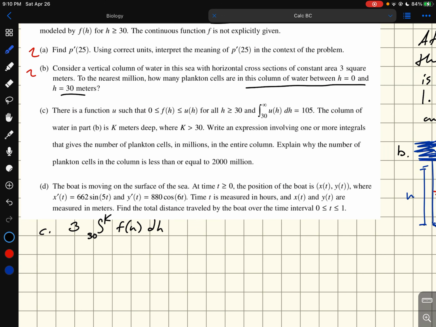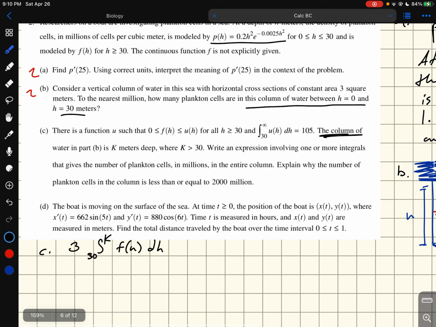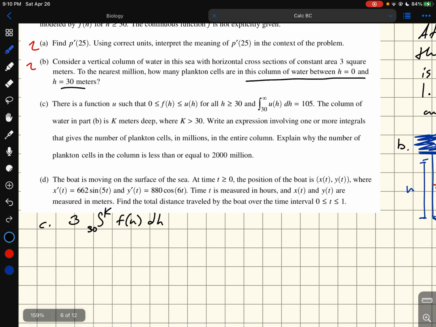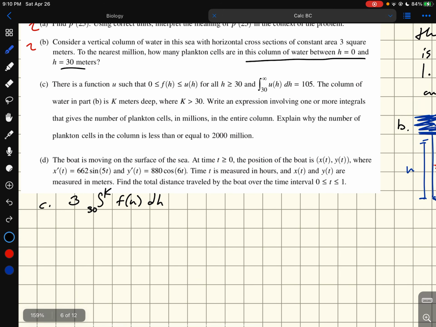And we have to multiply by 3 because the column of water is from part B. And in part B it says it was 3 square meters. Okay, so that's why we multiply that by 3. So what does this represent?